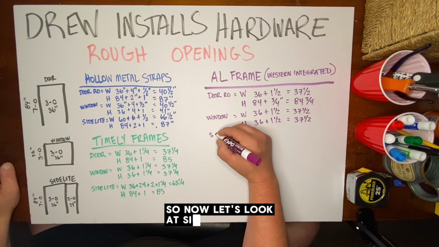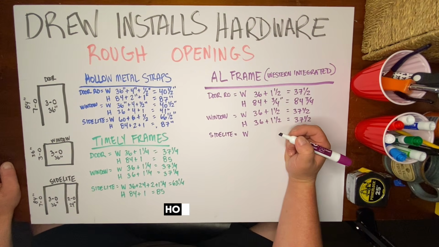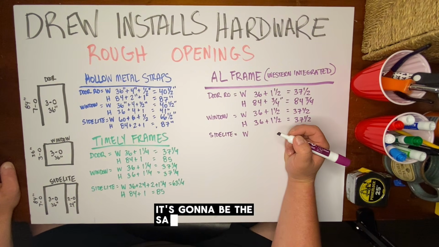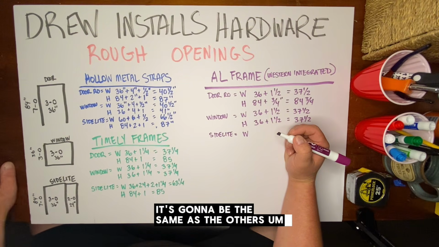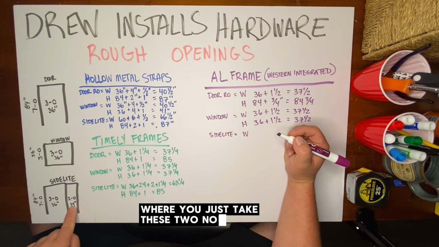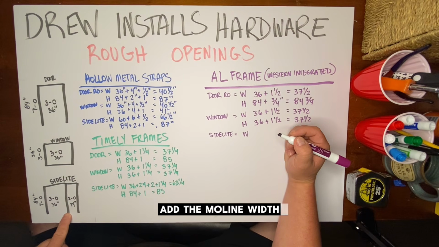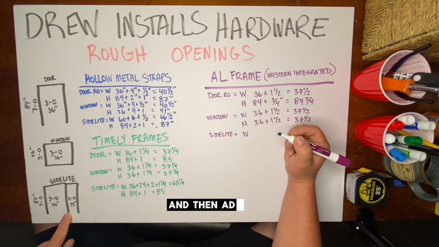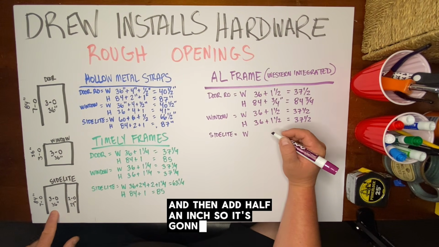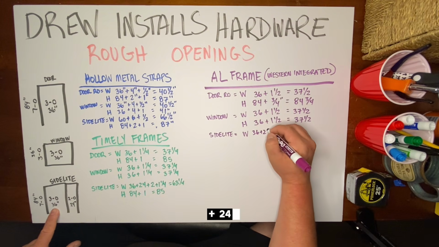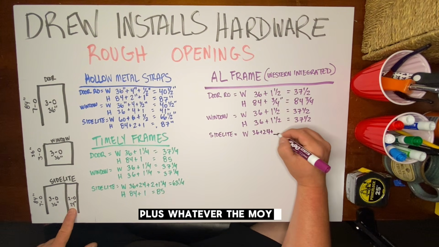So now let's look at side light. For the width, how are we going to do it? Well, it's going to be the same as the others, where you take these 2 nominal numbers and add the mullion width in as well, and then add the extra. So it's going to be 36 plus 24 plus whatever the mullion is.